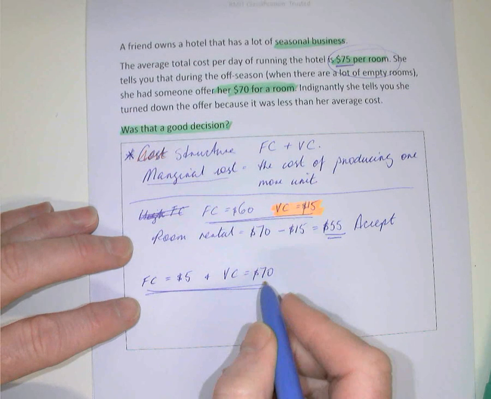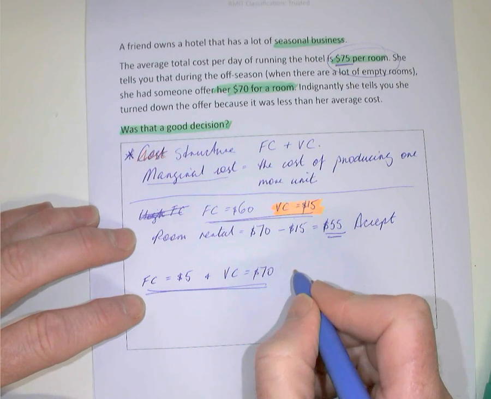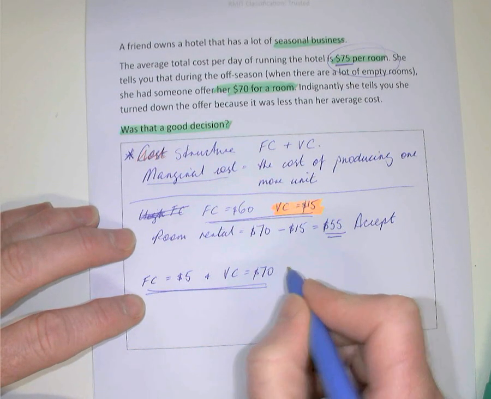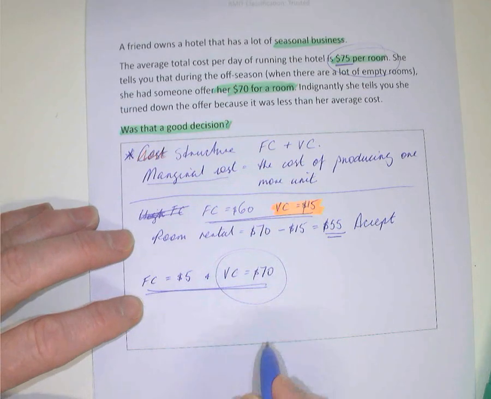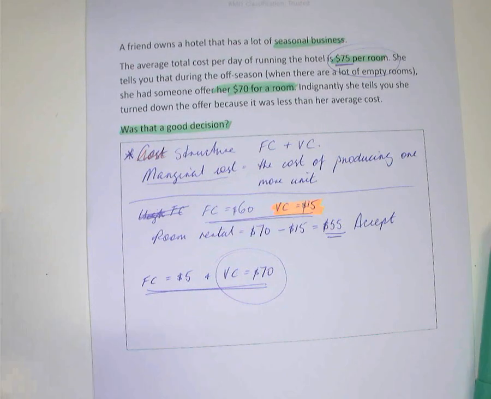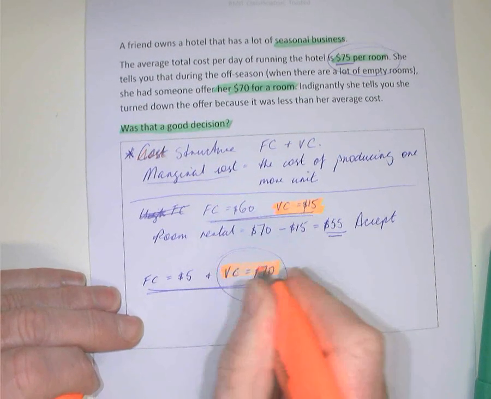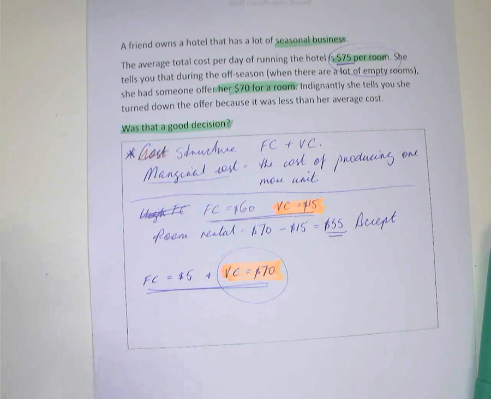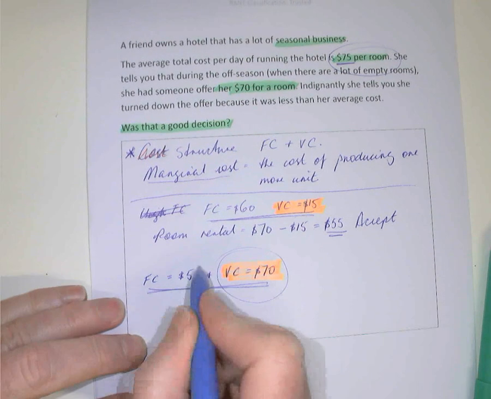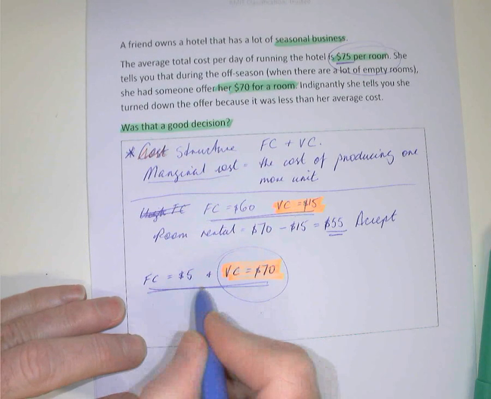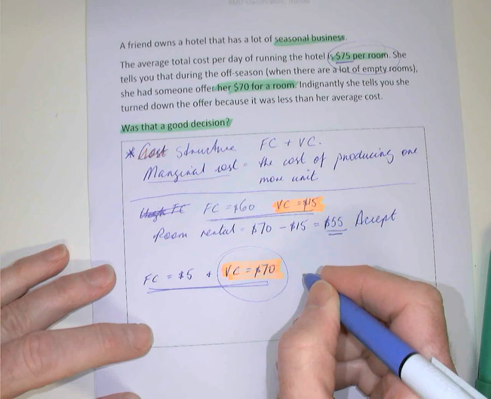Now the offer is made to us, and we're looking at our marginal cost in this case being $70. Let's be consistent, because that's my marginal cost. I'll use my orange highlighter. In this case, I can discard my $5, so my variable cost is $70, so decline.